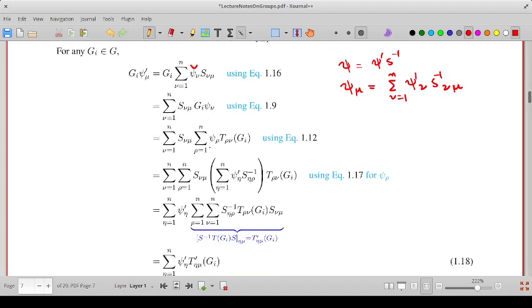But we already know how Gi acts on psi nu, because psi nu are the basis vectors for a representation T of the group G, and therefore psi nu is transformed in the following way. This will be given by the linear combination, sum over rho running from 1 to n psi rho T rho nu Gi, and so this is replaced by this equation.